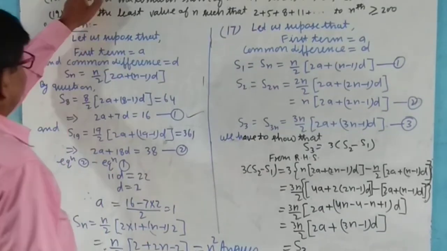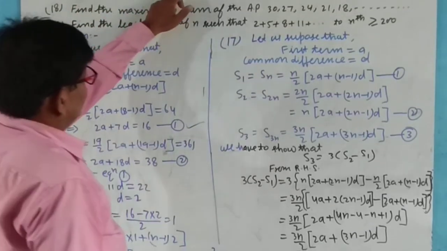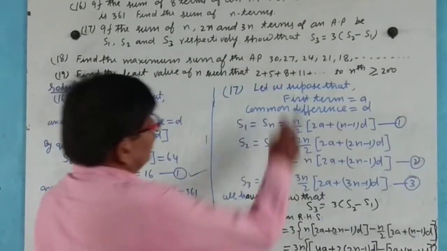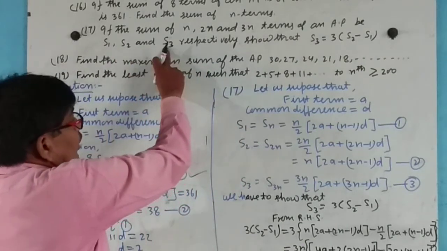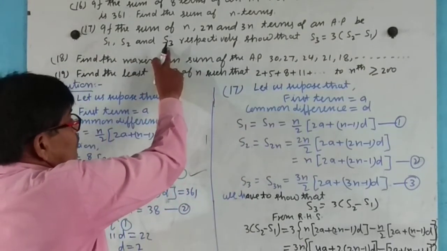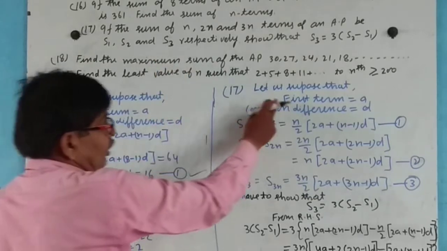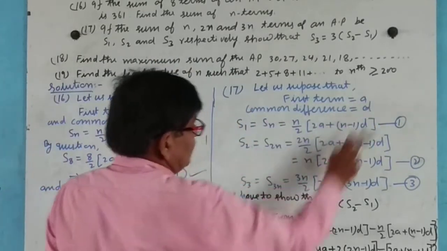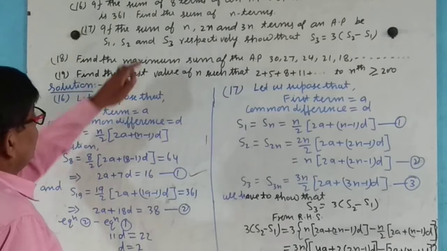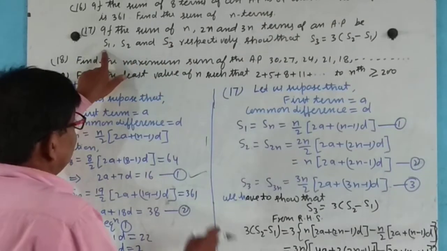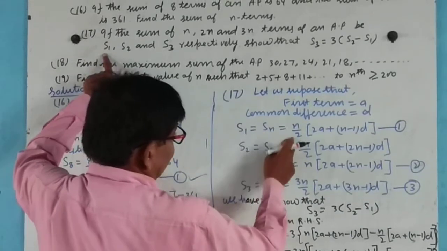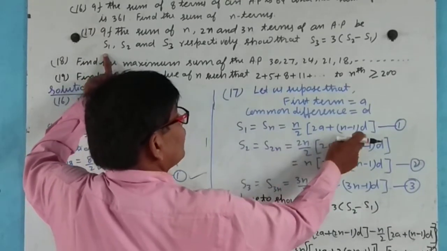Now question number 17. If the sums of n, 2n and 3n terms of an AP are S1, S2 and S3, let us suppose that the first term is a and the common difference is d. Here the sum of n terms S1 is equal to n by 2 into (2a plus (n minus 1) d).